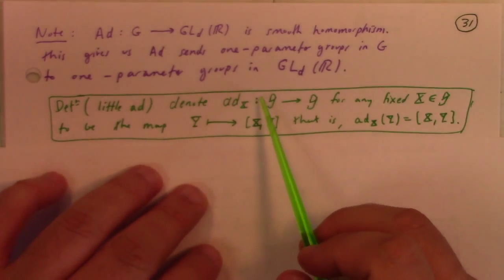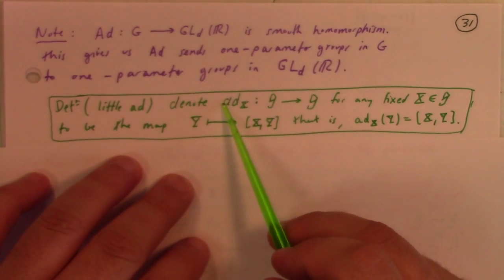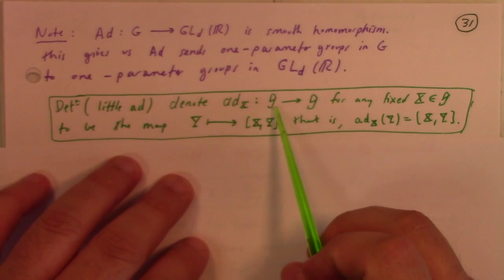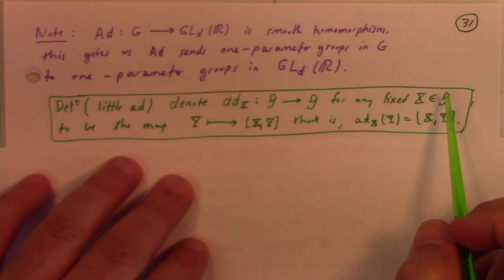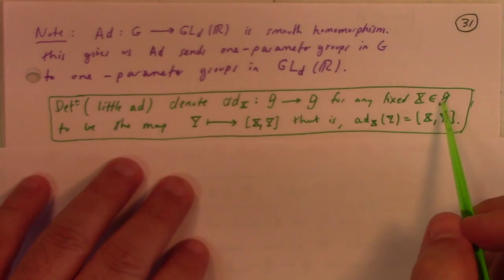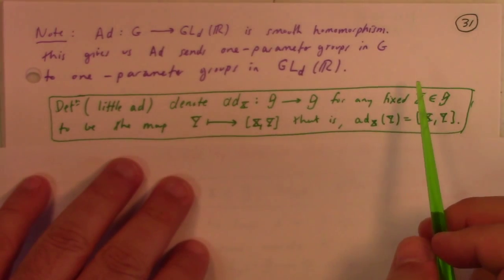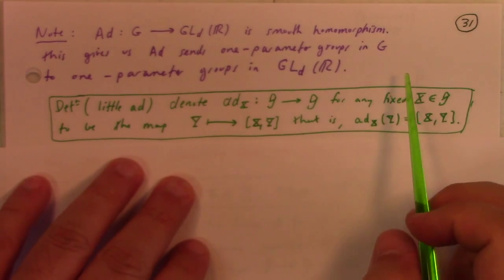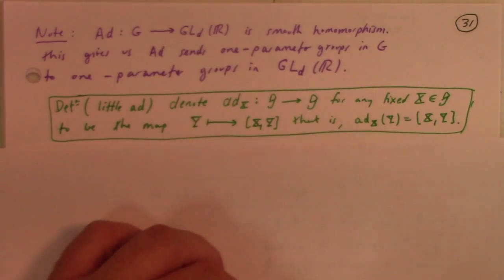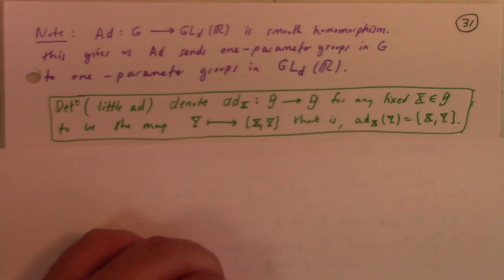Definition: little ad, yet another adjoint, little ad of X, as a transformation from Lie algebra to Lie algebra for a fixed algebra element X. It's going to be the mapping that we like to use. If you study Lie algebras from a more axiomatic perspective, like in, what is that book, Erdmann, was it?